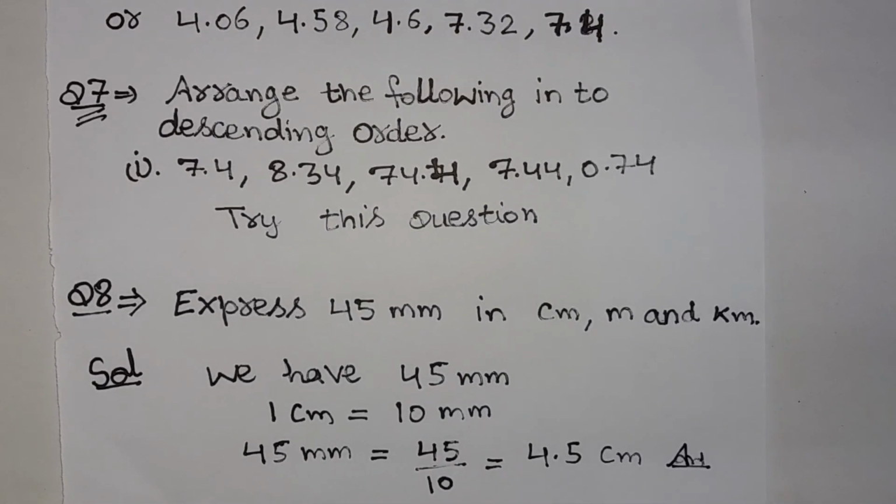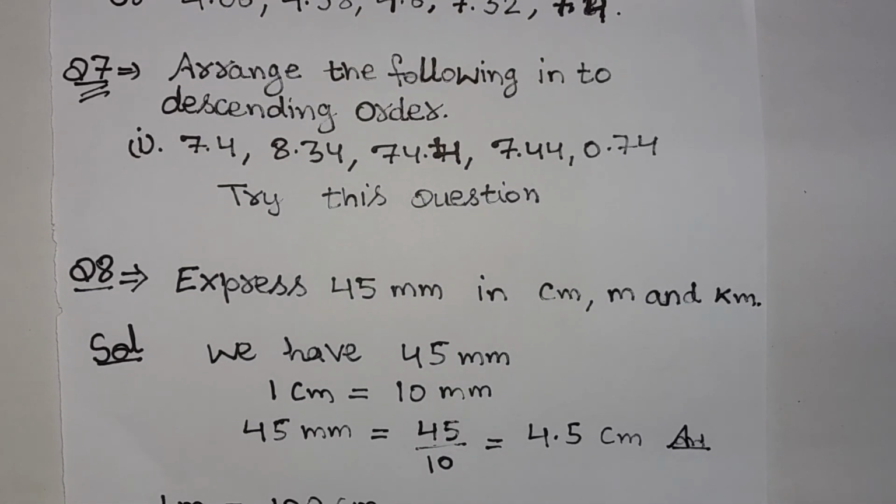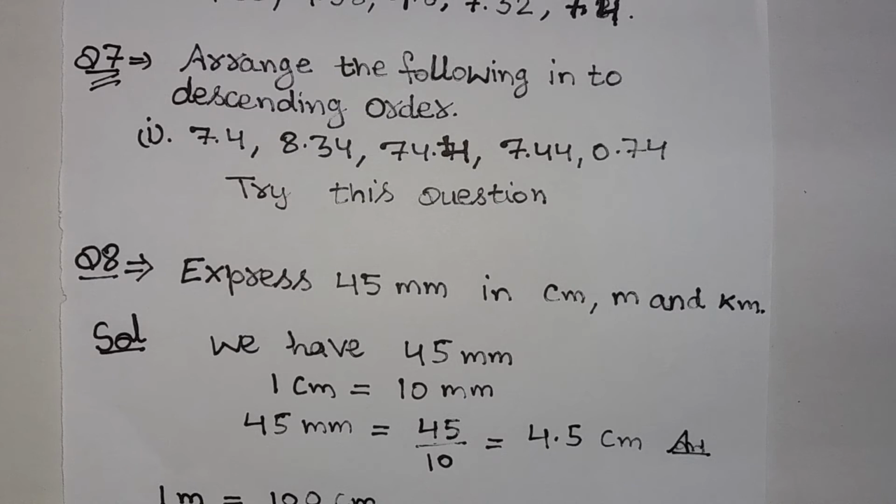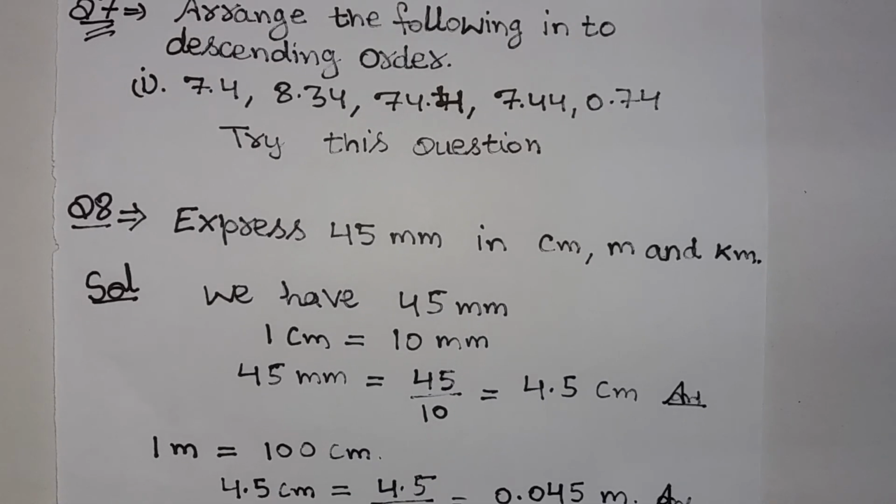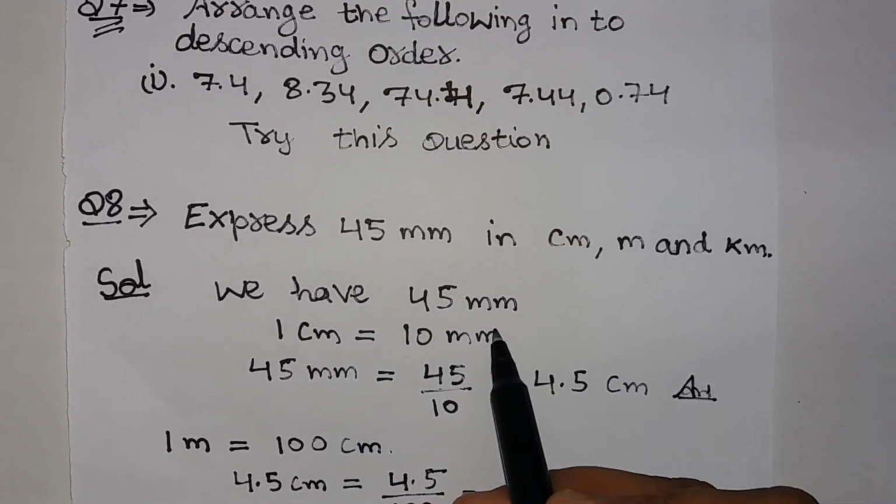After this, in question number 8 we have to express 45 mm into cm, m and km. That means we have to express this 45 millimeter into centimeter, meter and kilometer. First of all we have 45 millimeter.